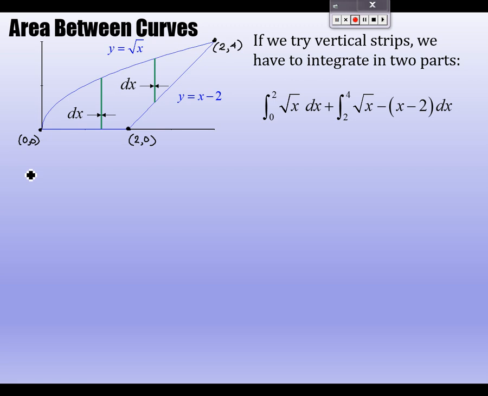Okay, so the point is we just split that into those two pieces. First integral gets this area. Second integral is like an area between curves problem like the last one, top minus bottom. Root x minus 2. Perfectly fine to do it that way.